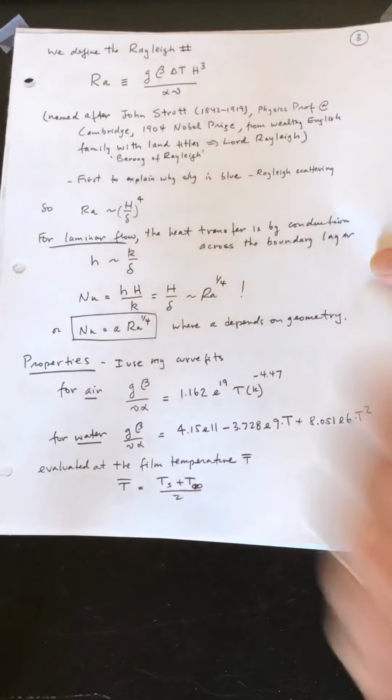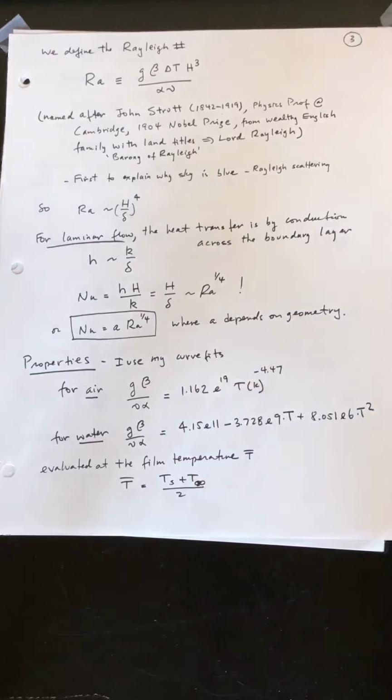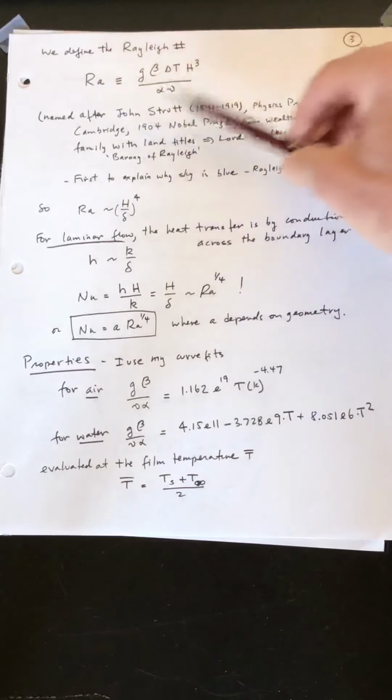So what do we do with that? Well, again, because engineers are lazy, we just say, let's just put these together in a dimensionless form. And we'll call that dimensionless form the Rayleigh number.